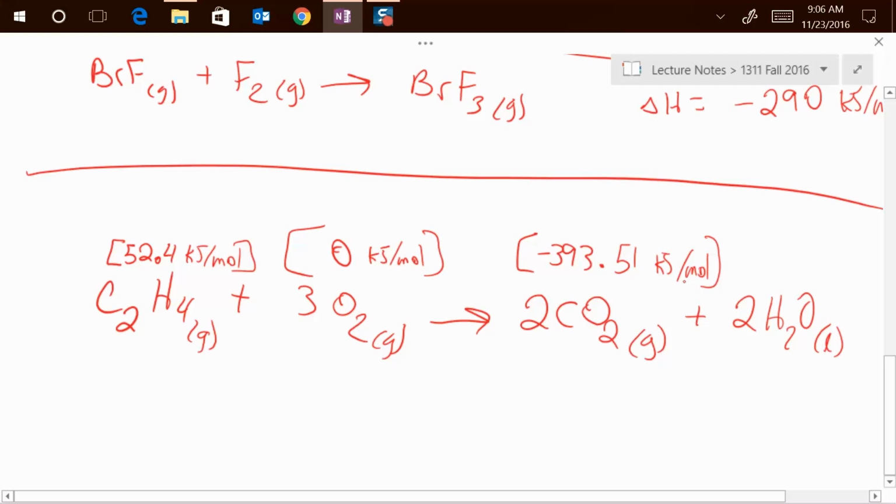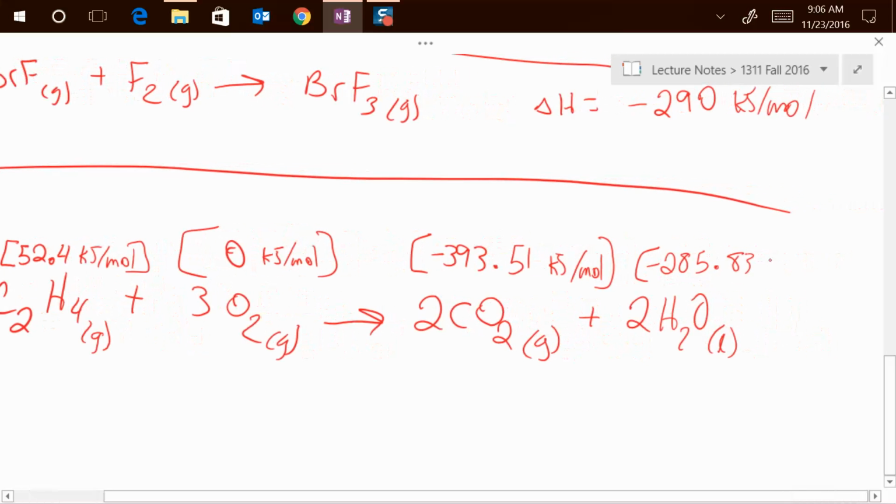Okay, and then the delta H of formation for H2O. Gas or liquid? Liquid. Negative 285.83 kilojoules per mole. Right? So we just found all that data in the back of the book. That's where it is. Okay?